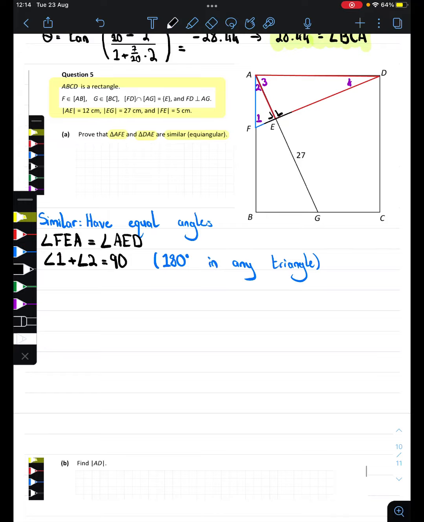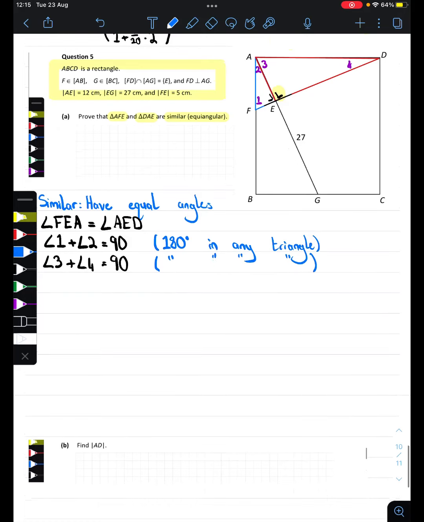And since this is a right angle, angle 3 plus angle 4 is equal to 90. That's for the same reason, since there's 180 degrees in any triangle and the other angle is 90.